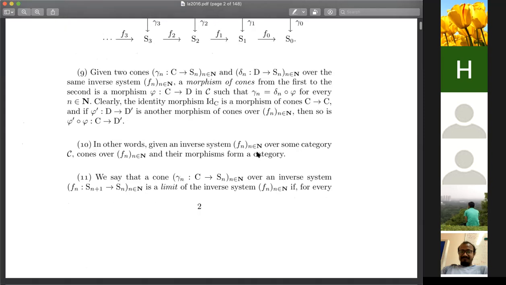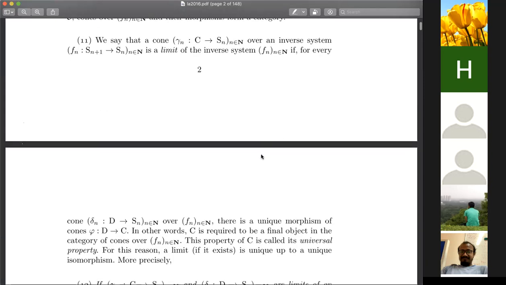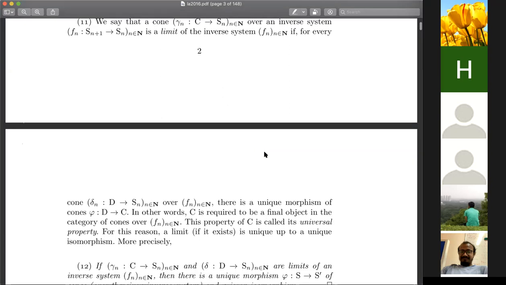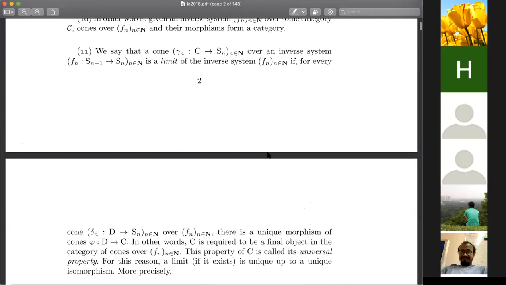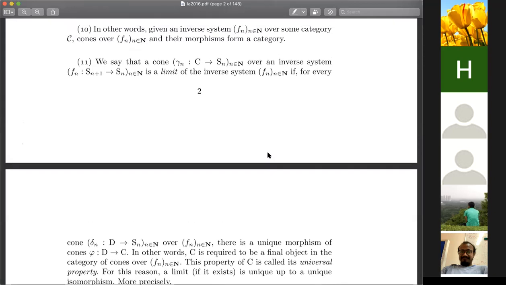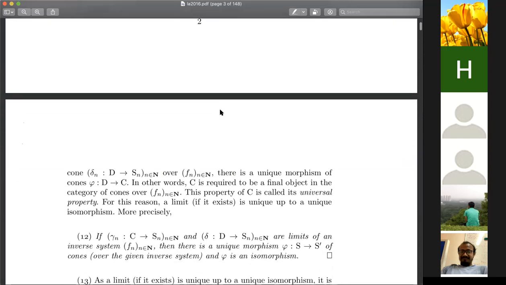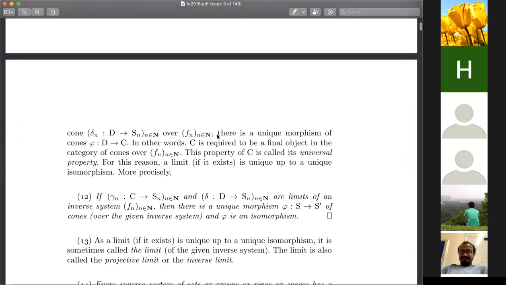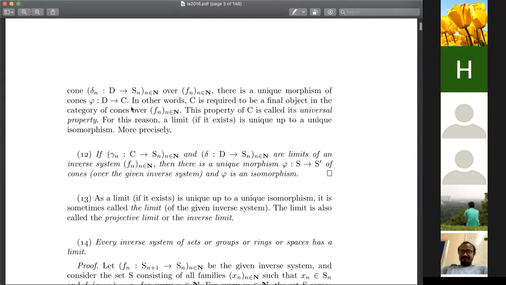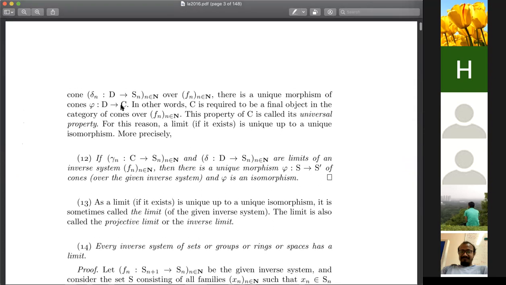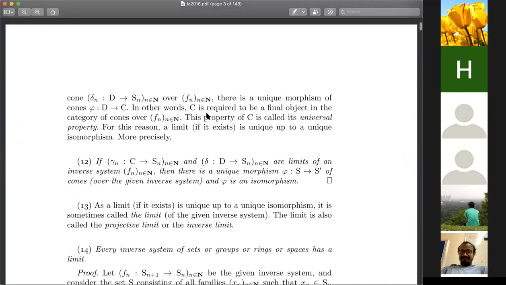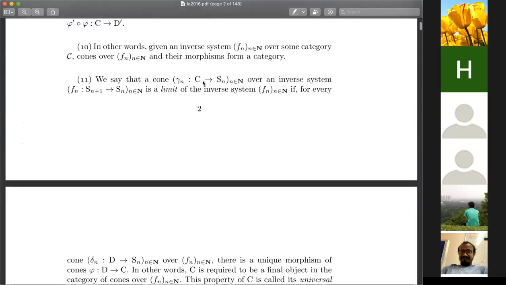And this new category of cones may or may not have a final object. So the limit of this inverse system is going to be a certain cone over that system, such that there is a unique morphism to every other cone. Yeah, C is the limit, right?